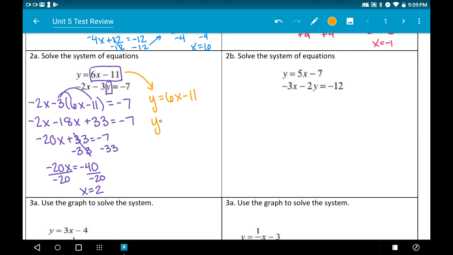So it'll be y equals 6, then I'll replace it with this 2. So 6 times 2 minus 11. So y equals 12 minus 11, which means y equals 1. So our final answer here is 2, 1.